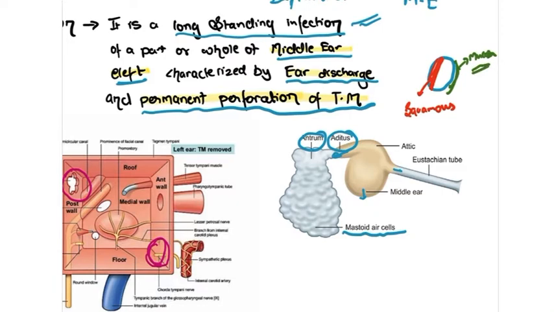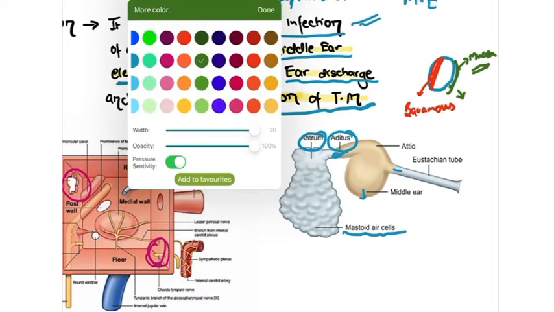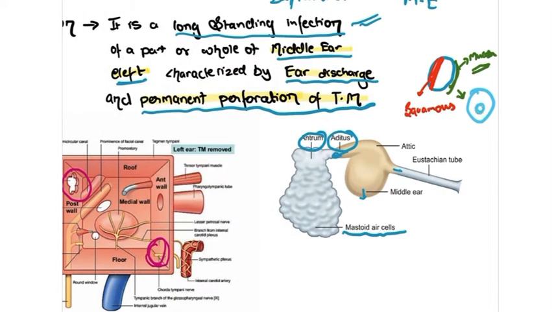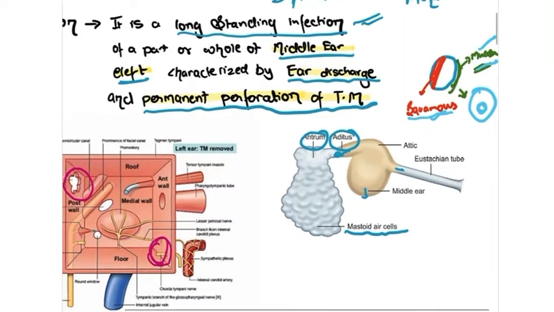Okay, so when will we call it a permanent perforation? See, this is our perforation. When the margin of the perforation, the outer squamous and the inner mucosa, fuse together, so that we have both the mucosal layer and the squamous layer, this is called a permanent perforation.